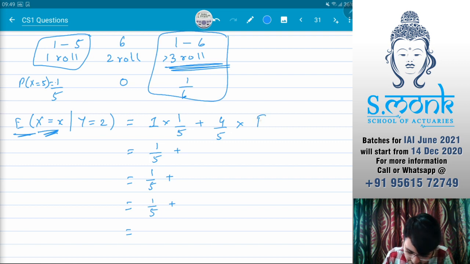So that is the expected value of x given x is greater than or equal to 3, or you can say it's nothing but the expected value of x given x is greater than 2.